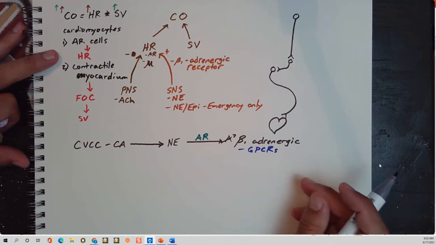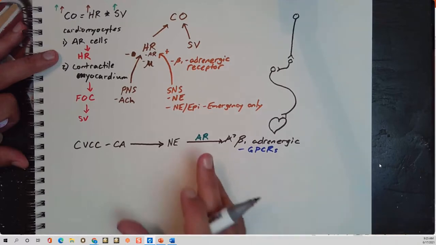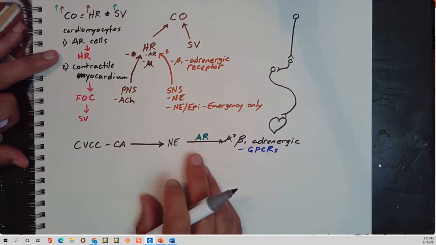Perfect. Funny and T-type calcium channels is the exact answer, but sodium and calcium will get you there, Tariq, so you're not wrong. So we're going to activate some beta-1 adrenergic receptors. Somehow we're going to impact those funny and those T-type calcium channels.